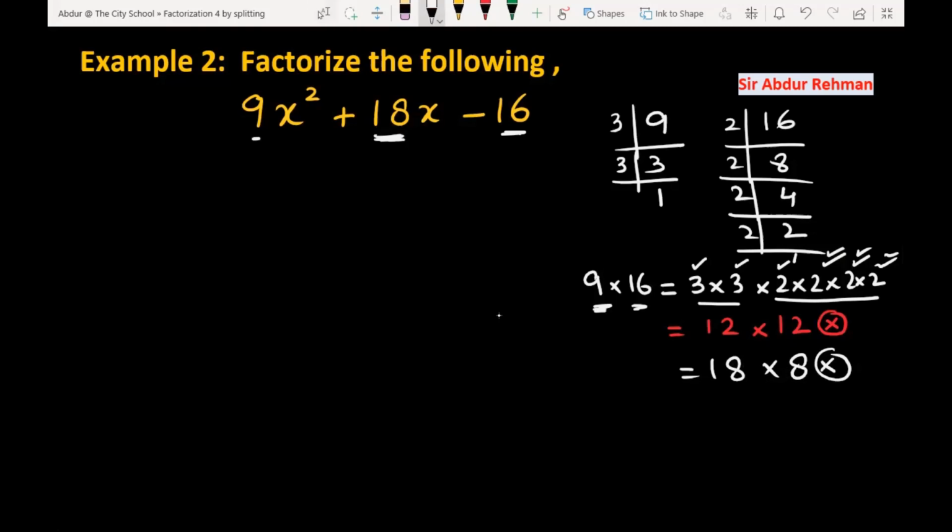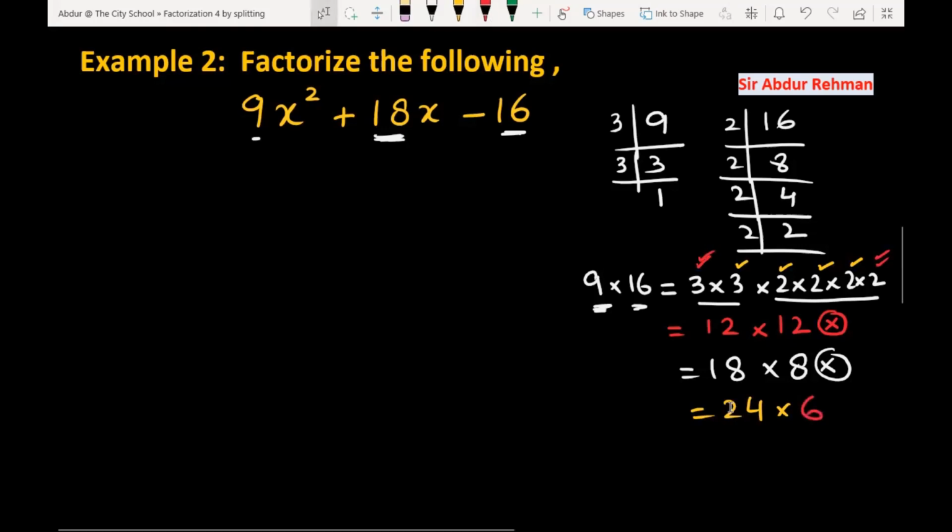So 3 times 4 is 12. I'm going to take another factor here. Now 3 times 2 is 6, 6 times 2 is 12, 12 times 2 is 24. I'm going to take 24 and the other factor 2 times 3, which is 6.